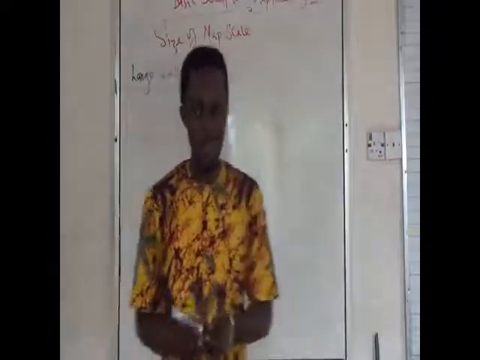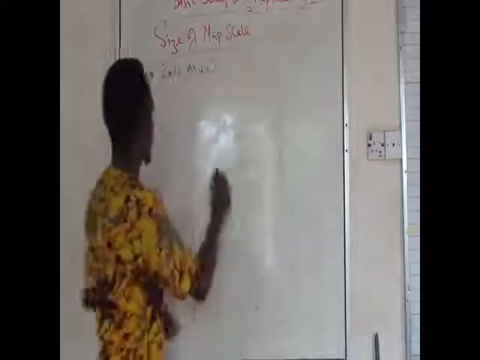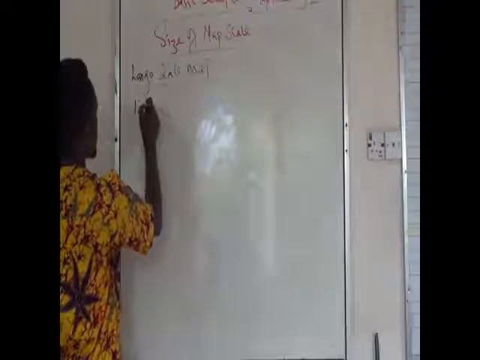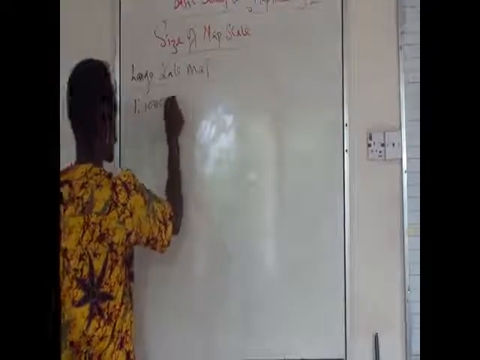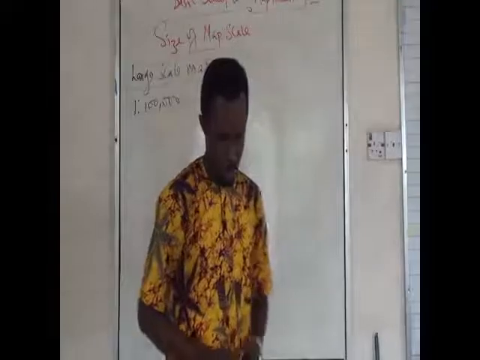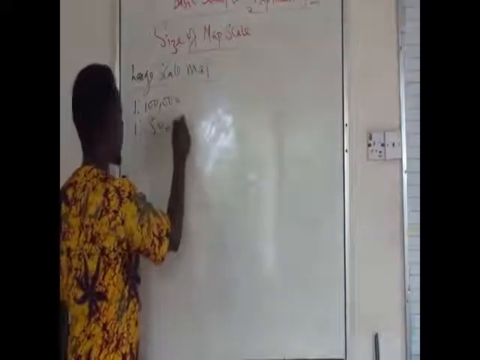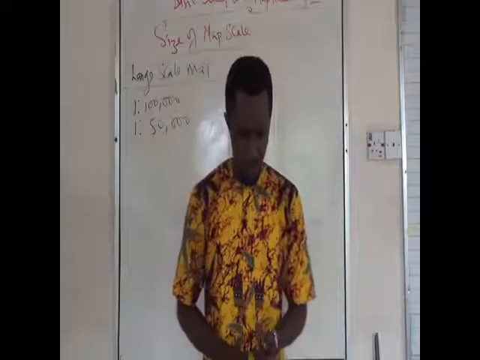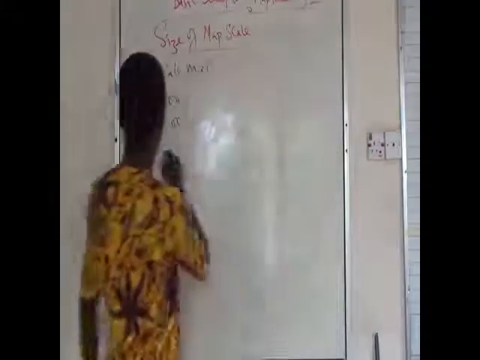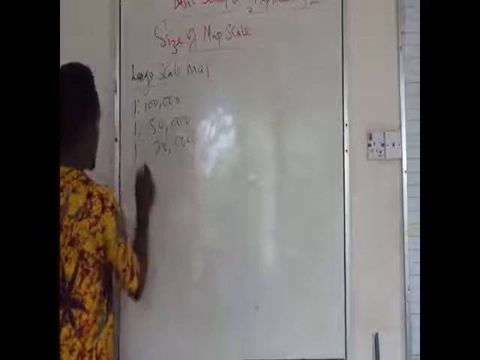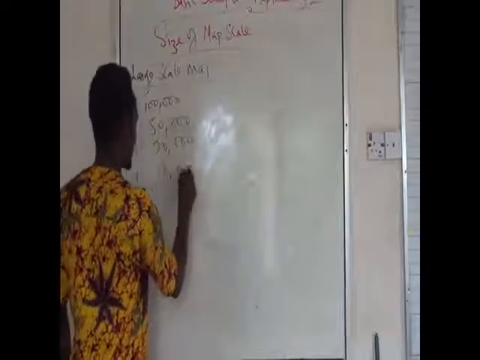Examples of large scale map, we have 1:100,000, 1:50,000, 1:20,000, 1:10,000.